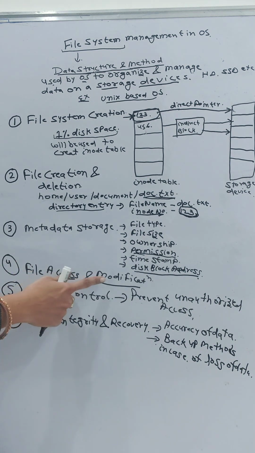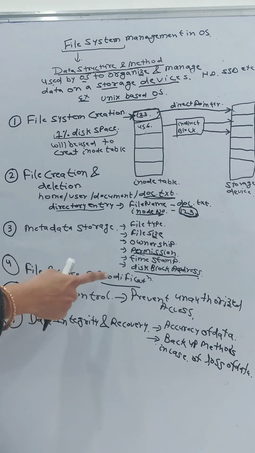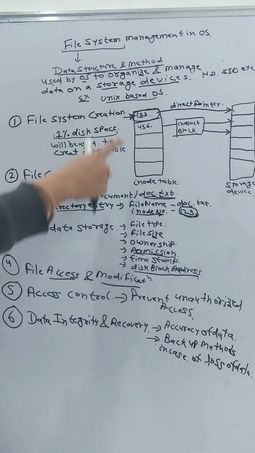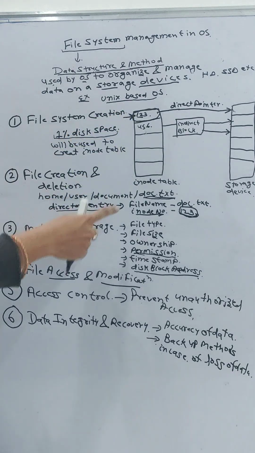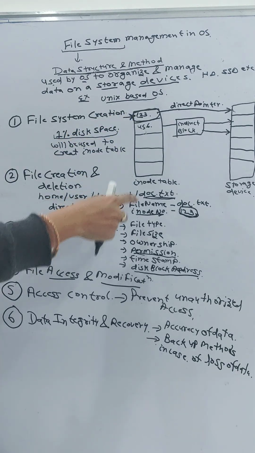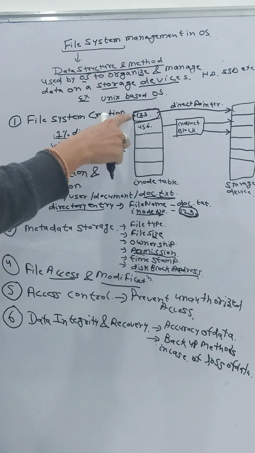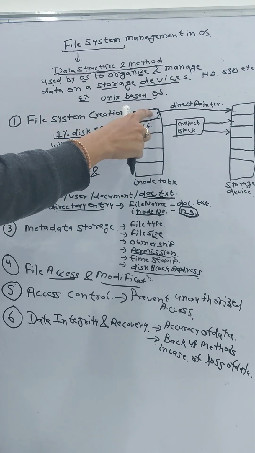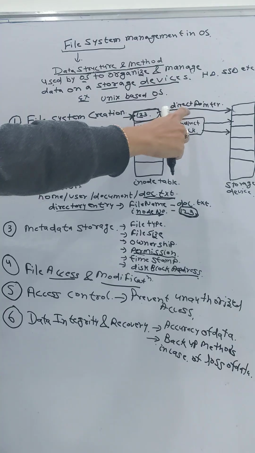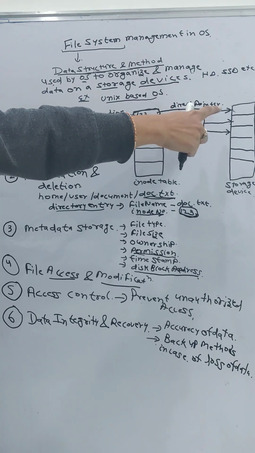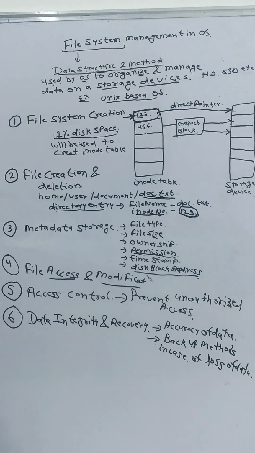For file access and modification, the operating system will first search the directory entry and find the inode number. It will point to the corresponding inode from the inode table, and the inode will contain the direct pointer to the disk block, and now the user can access and modify the file.